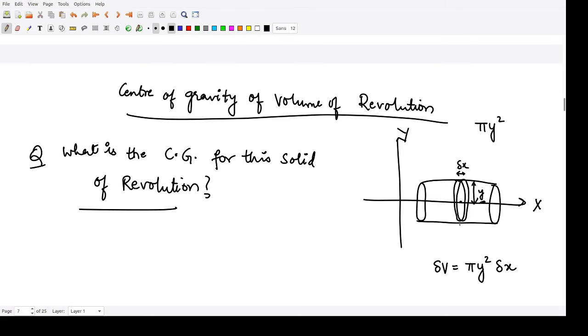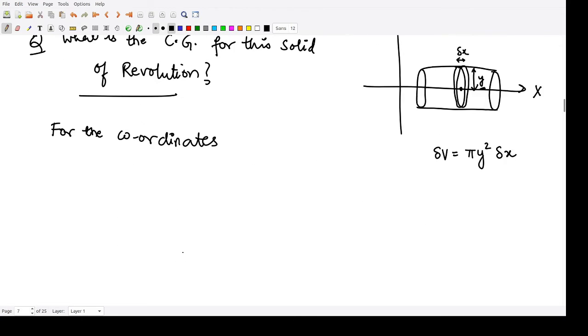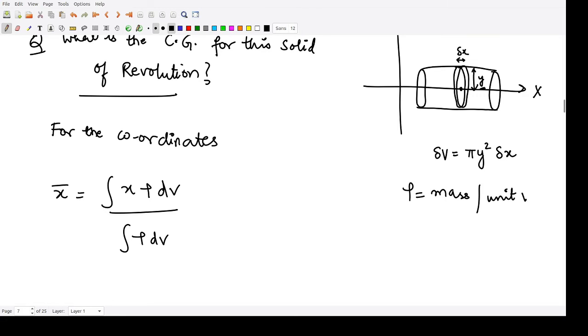And moreover, where would it lie? It would lie on this x-axis, because the center of gravity lies at the center of the body. According to this, for the coordinates, the formula would be x bar equals integration of x rho dv divided by integration of rho dv, where rho represents the mass per unit volume.